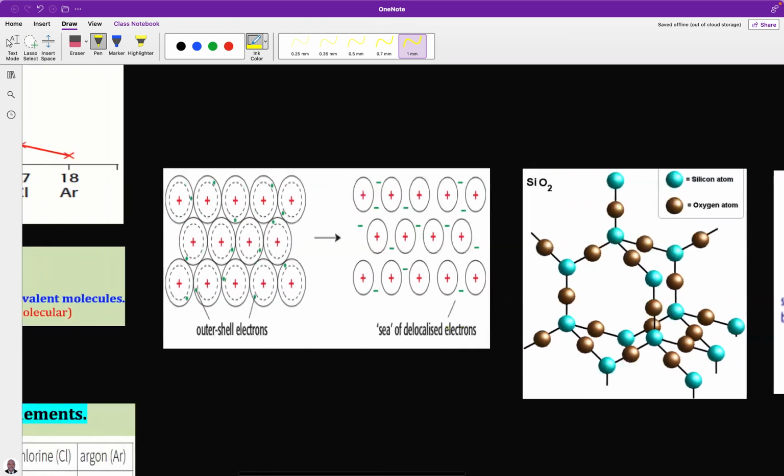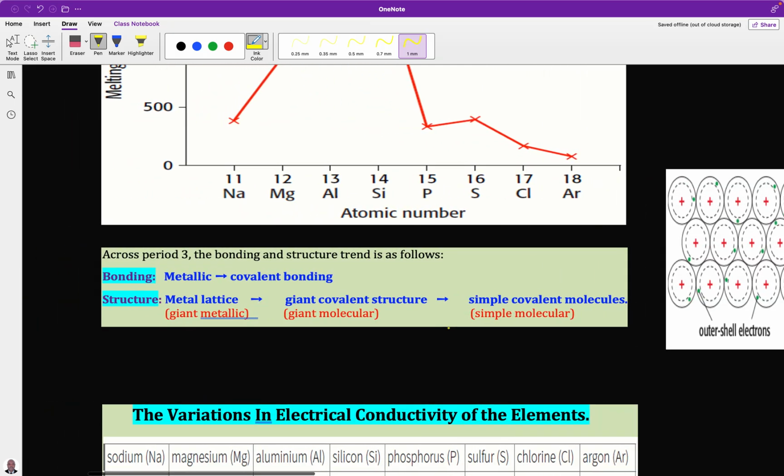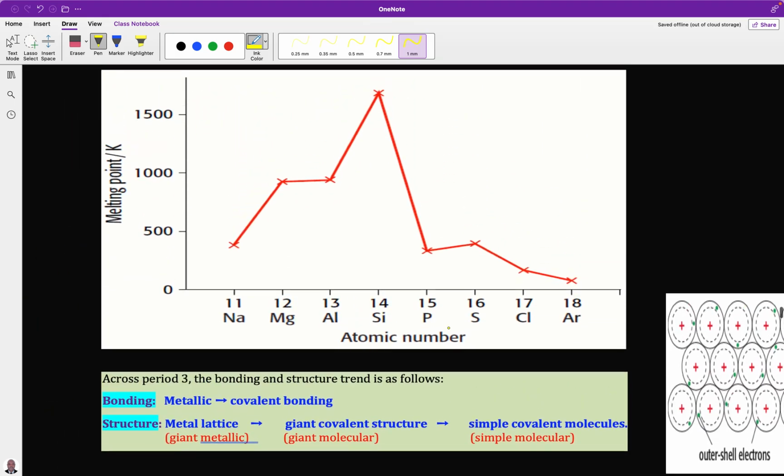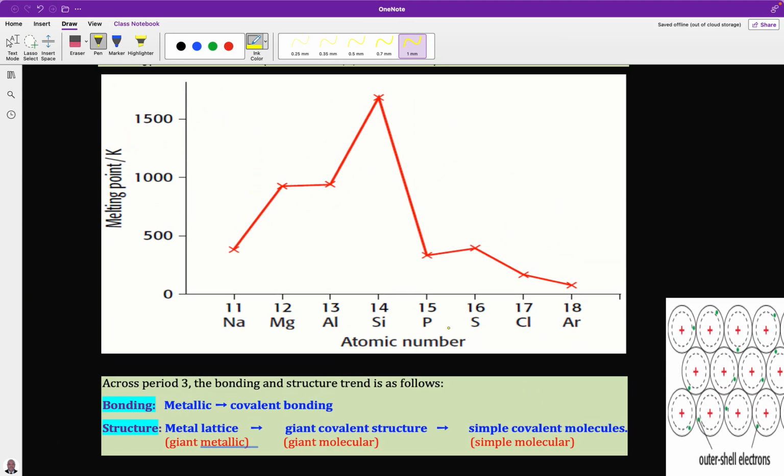So let's get back to here. Summarizingly, I can say the trend in melting point and electrical conductivity across a period depends on the nature of bonding and structure of the element. Across period 3, bonding is from metallic to covalent bonding.